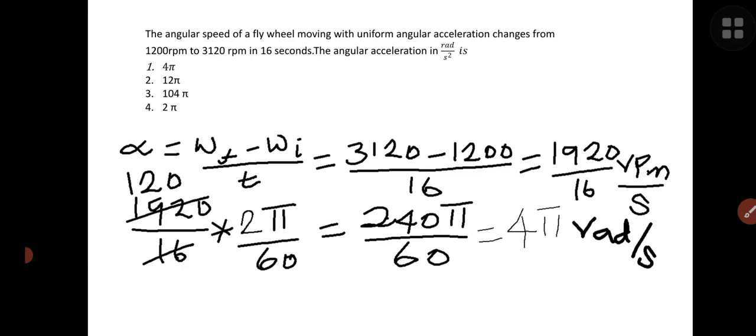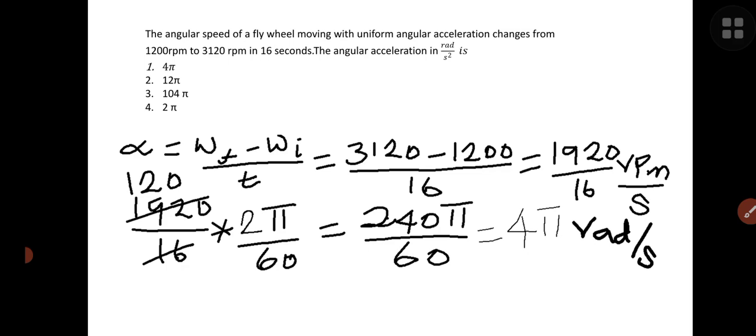The angular acceleration is given by the formula omega f minus omega i divided by t, that is the rate of change of angular speed, d omega by dt. d omega is omega f, the final angular speed, minus the initial angular speed omega i, in just 16 seconds.